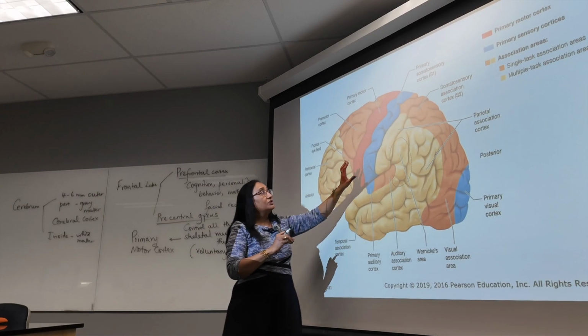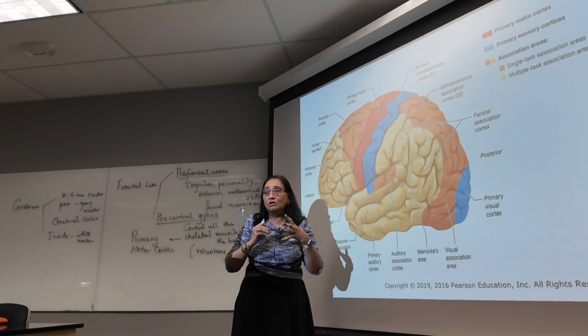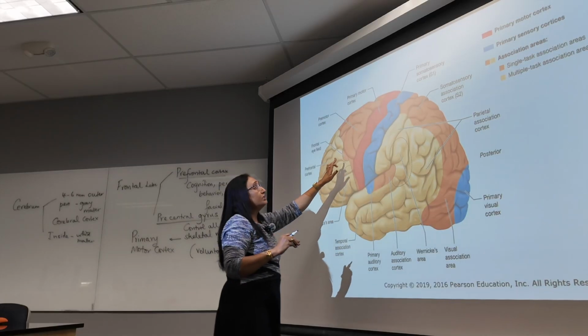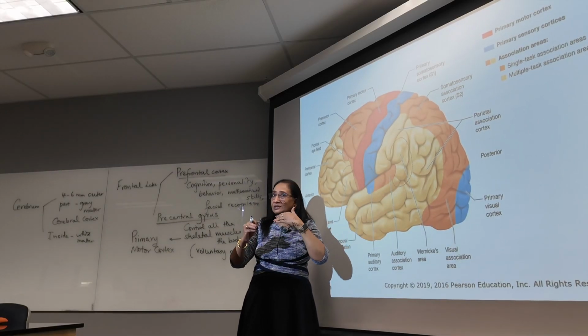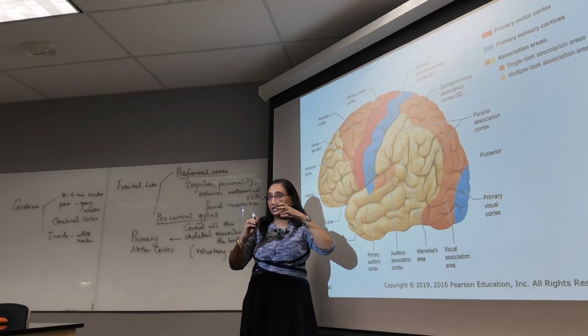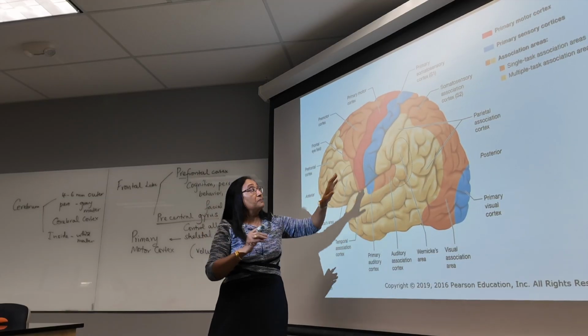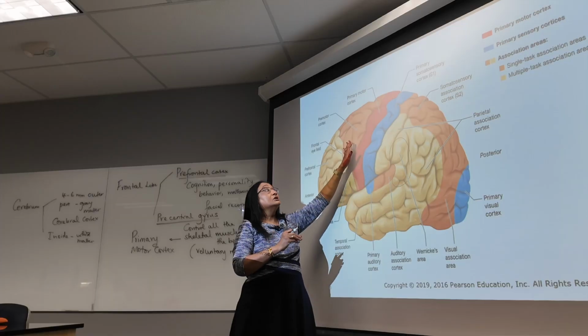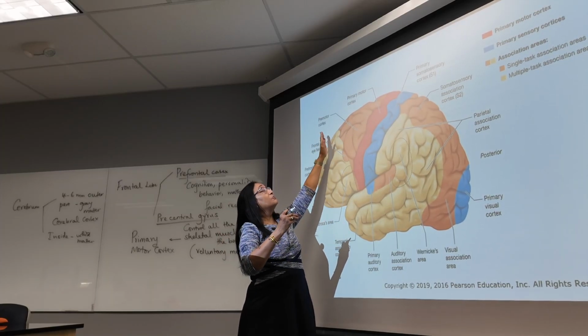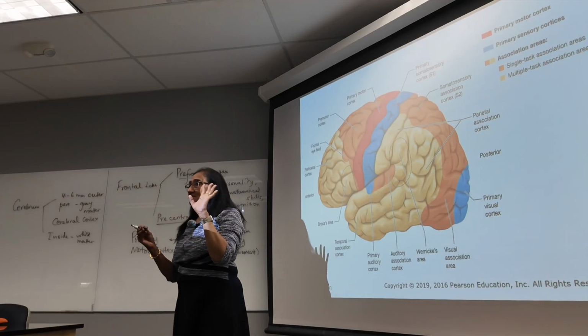In front of a primary area, you will always have association neurons. They help with planning the movement, making sure it happens correctly, how it should be. It's called the motor association area or premotor cortex.